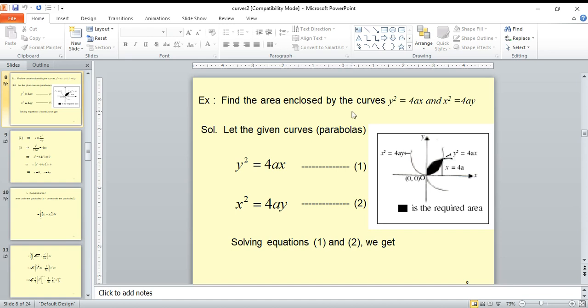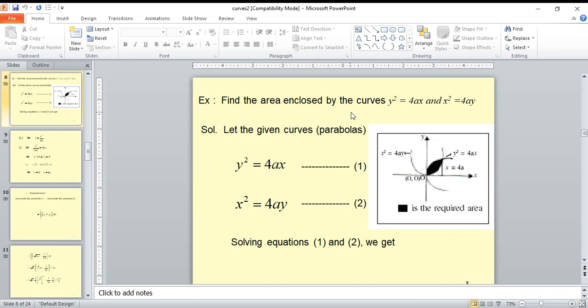So in our question, we have two curves only, and we don't have any upper interval and lower interval. Then we have to find the upper interval and lower interval using these two curves. Let the given curves be named: y square equal 4x as equation 1, x square equal 4ay as equation 2.